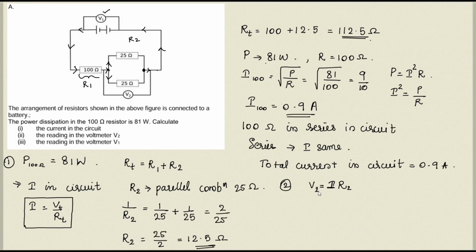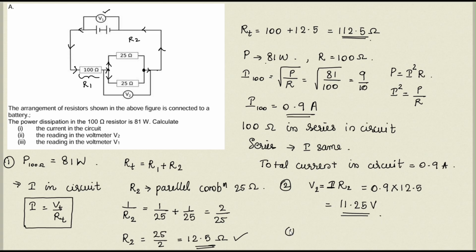So the voltage across these two resistors, V2, is 0.9 ampere into the effective resistance, as they are connected in parallel. We already found R2, that is 12.5 omega. So we get 0.9 into 12.5, that is 11.25 volts. That is the potential difference across V2.